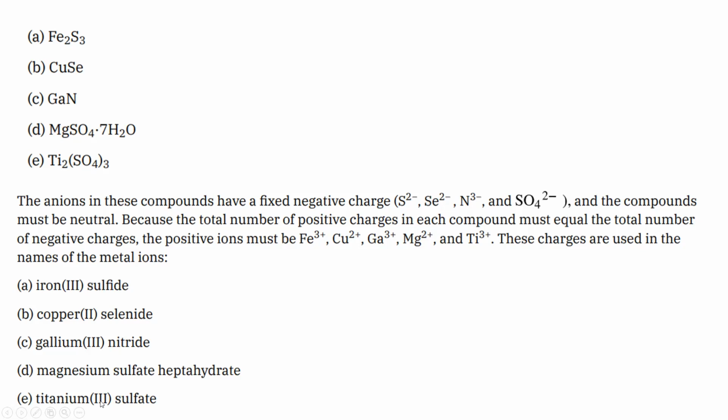But by telling us we've got titanium 3 sulfate, we can know that it's this exact formula. And again, we can double check. Each titanium is +3. Got 2 of them though, so it's +6. Each sulfate is -2, but we've got 3 of them, so we've got the -6 charge. So with these ones, you can always double check just to make sure that those positive and negative ions all balance out.